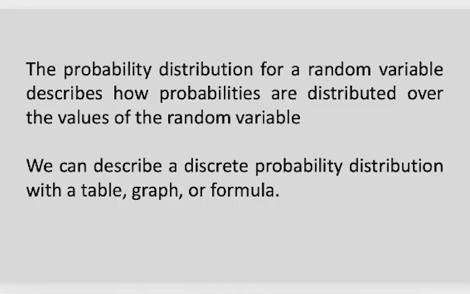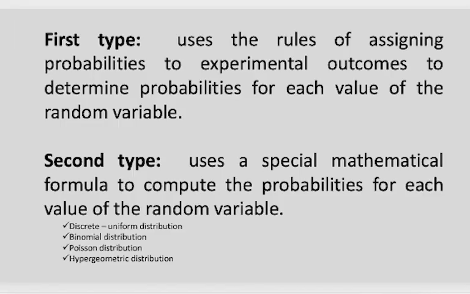There are two types of assigning probabilities to random variables. The first type is the manual assigning. That means we have to put the probability of a certain event in the table by ourselves and will not rely on formulas. The second type is when we use a special mathematical formula to compute the probabilities, and after computing it we will put it in the table that corresponds to the value of the random variable.